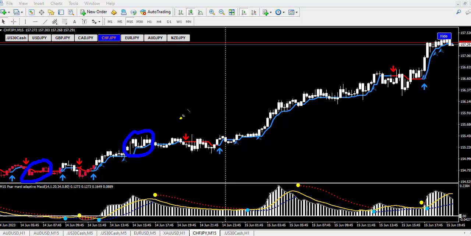Now I have the last indicator on my indicator window here, and it is very important that you pay attention.